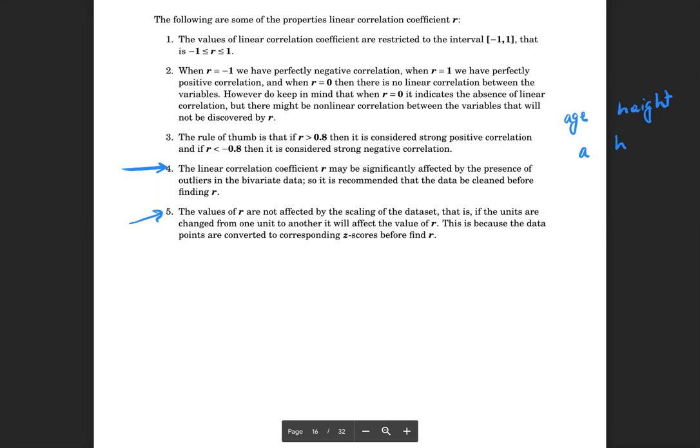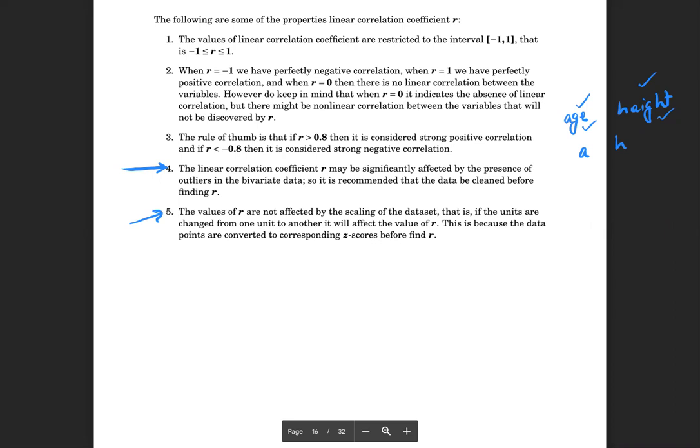If you change the age from years to seconds, or height from feet to inches, that's not going to make a difference. Or if you change the age from years to weeks and height from feet to, let's say, meters, that's not going to have any effect.